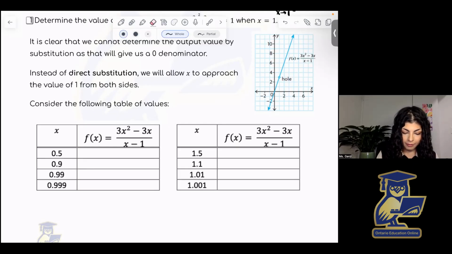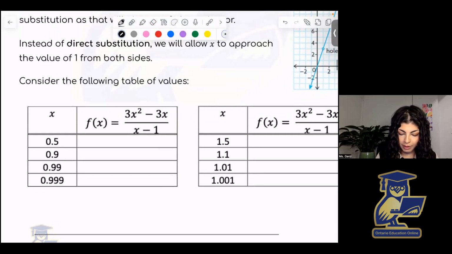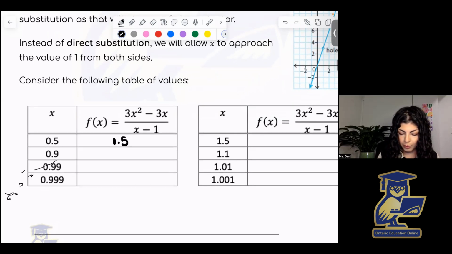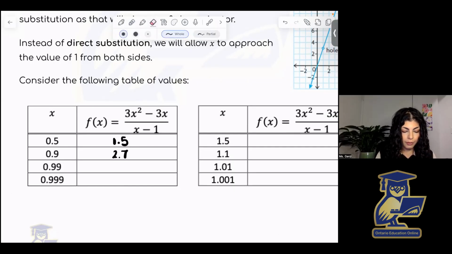Here we have just 1.5. Here we should have 2.7. Again, feel free to use a calculator to have the most accurate answers.